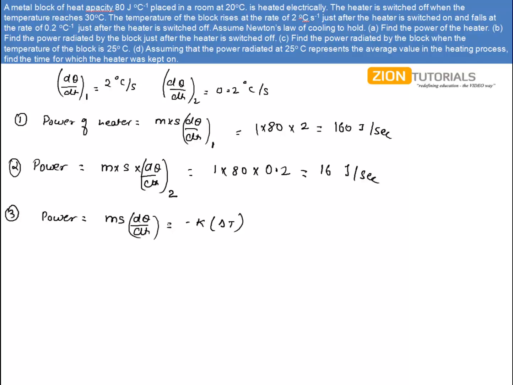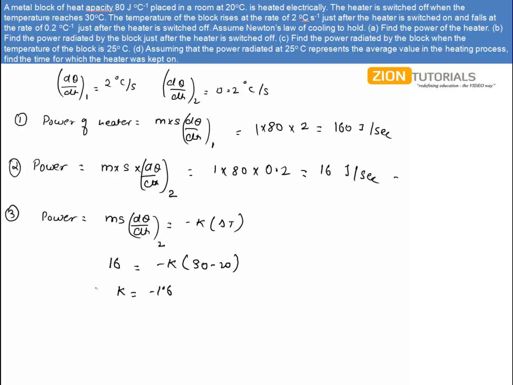At the instant the heater is just switched off, d theta by dt is d theta by dt 2. This value comes out to be 16 from this equation, that is equal to minus k into delta t, where delta t is 30 minus 20. So k comes out to be minus 1.6.